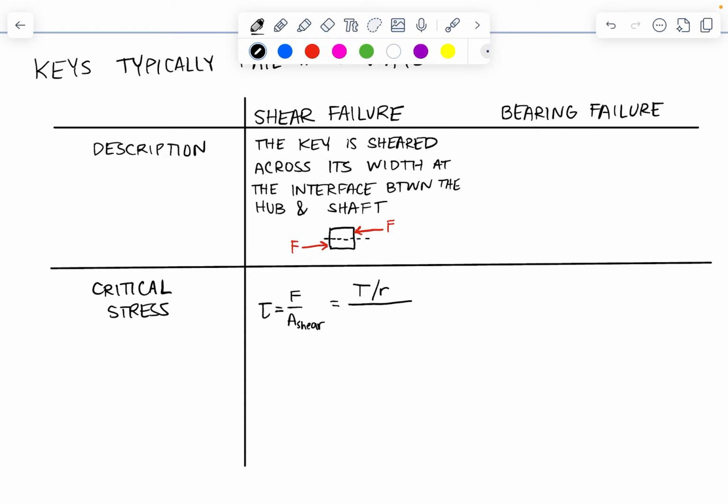And the shear area is going to be the width of the key, so that's this dimension here, times the length. So that's in that drawing that's going into the screen. And again, this is for a rectangular key.